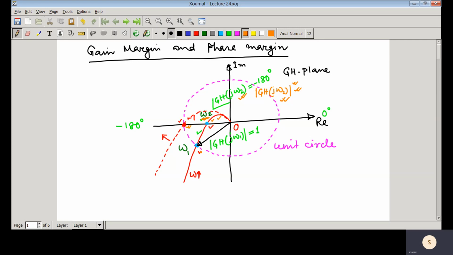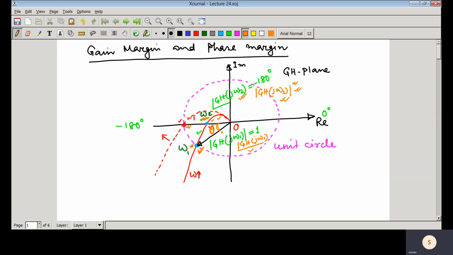Similarly, we can see here at omega equal to omega 1, if we find that angle, suppose this is j omega 1, so if we calculate this angle at omega equal to omega 1, then we can see that if we add this angle, that is theta, then this particular point would come to the critical point. That means the system would be marginally stable, on the verge of instability.